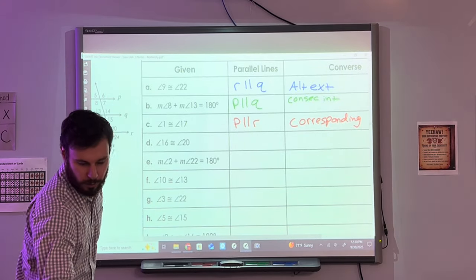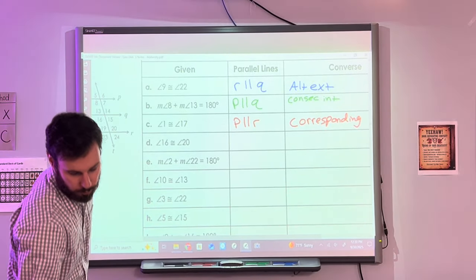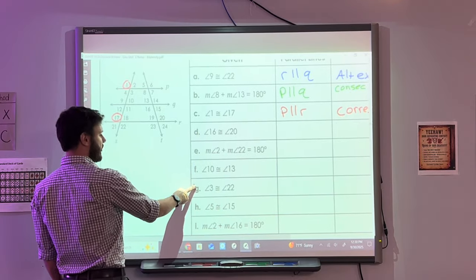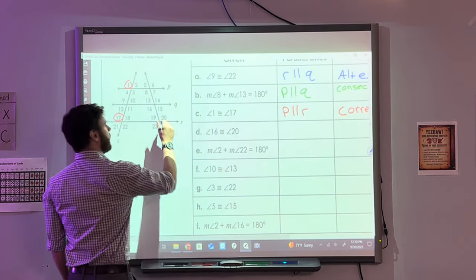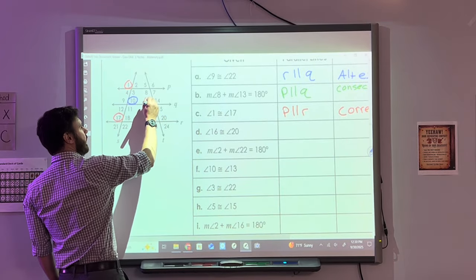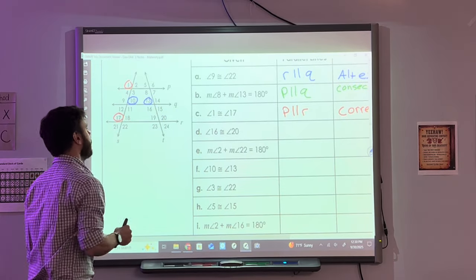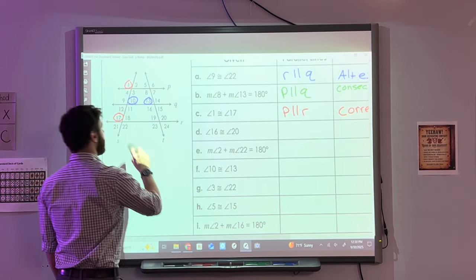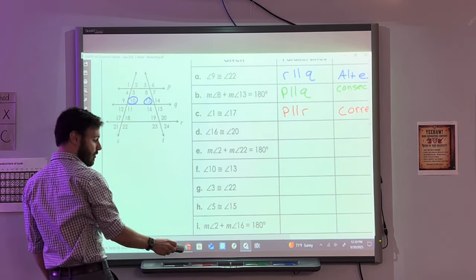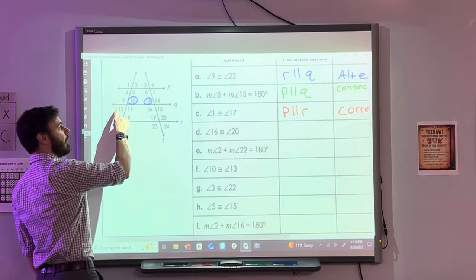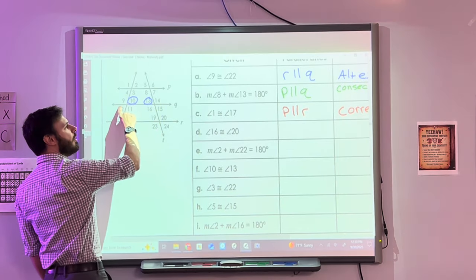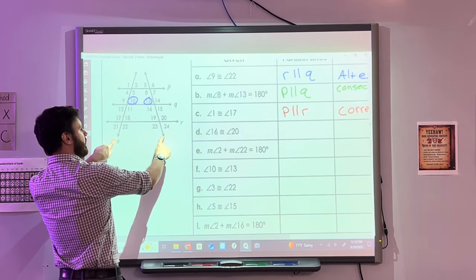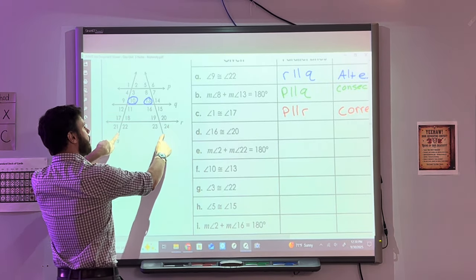Okay, let's see, let's jump down and look at letter F. 10 and 13. Okay. So looking at this here, I do have one transversal that covers them. I can take this line straight there. But the parallel lines would have to be S and T. They'd have to be, because it's the only other thing.